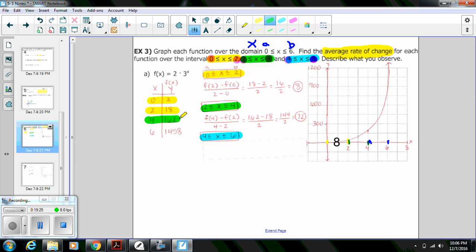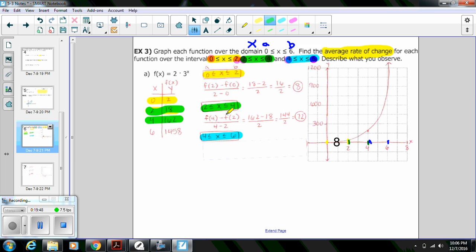When you plug in a 4, out comes a 162. So I'm going to replace f of 4 with 162. That's right here, as you can see. Then I have to find f of 2. Well, we found that earlier. f of 2 is 18. So I get 162 minus 18.